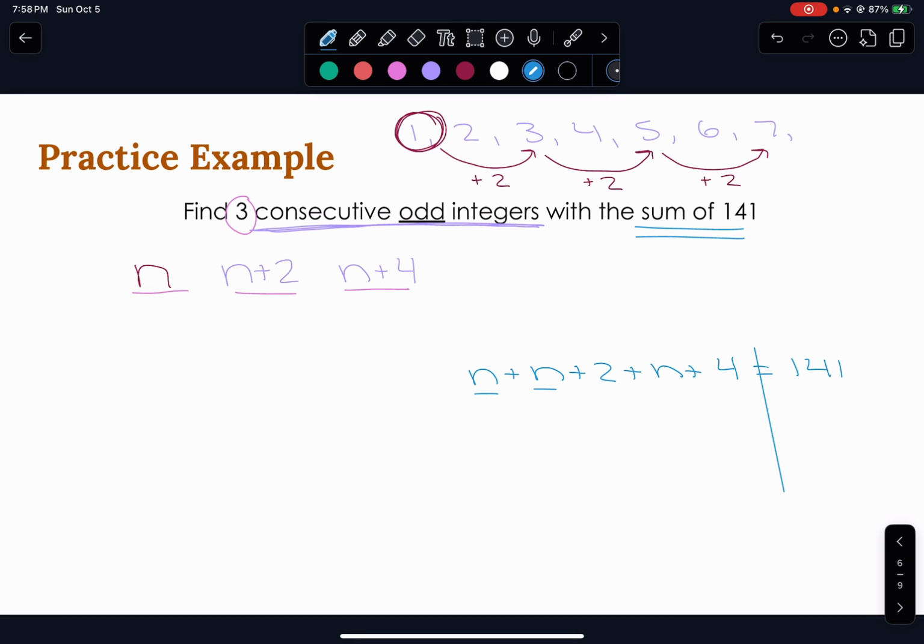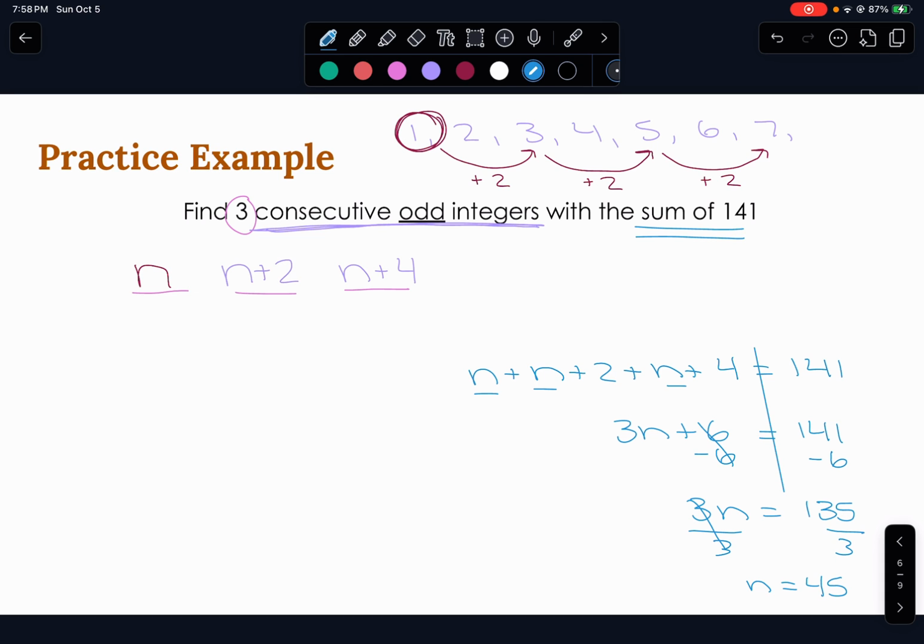I'll go ahead and combine my like terms. So I get 3n plus 6 equals 141. And then we'll just do our inverse operation. So if I subtract 6 on both sides, I'll get 3n equals 135. And then after I divide both sides by 3, I should be getting n equals 45.